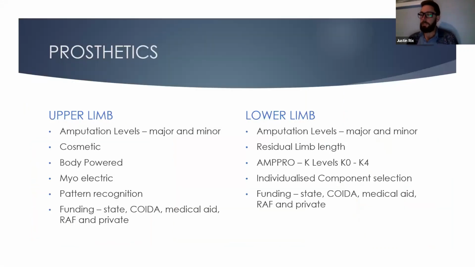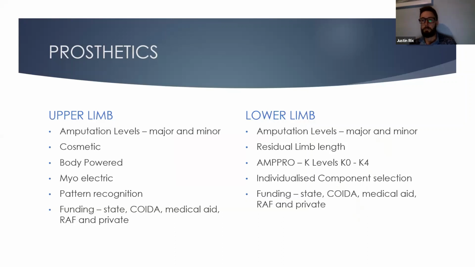So if we're looking at prosthetics, we look at upper limb and lower limb, and we're looking at major and minor amputation. So minor being a toe or a finger, and major being a transradial or transtibial amputation. When we're looking at upper limb, we are looking at four different types of prostheses essentially you can get.